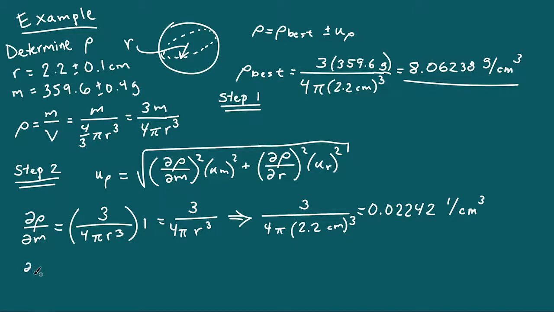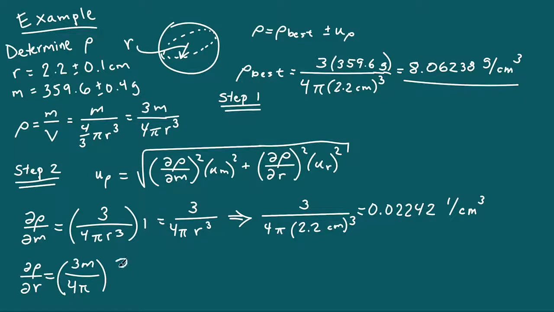So we do the same thing for d rho dr. So I go back to the definition of this function. Everything that's not an r is considered a constant, so 3m over 4 pi is constant, so I'll pull those out in the front. 3m over 4 pi, and then I have to take the derivative of 1 over r cubed.